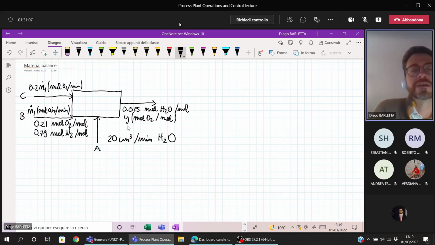If I want to indicate the molar fraction of nitrogen, I could add another variable. So this Y could be Y oxygen, and Y nitrogen could be another variable. Or, following the tip of keeping the number of unknown variables as low as possible, how could I express the molar fraction of nitrogen, considering what we have said before?